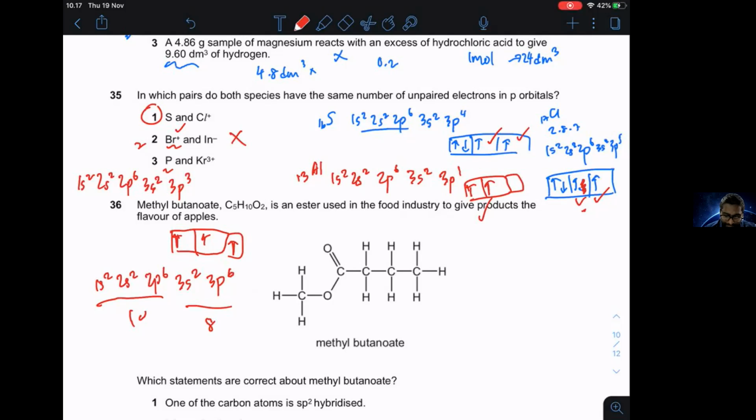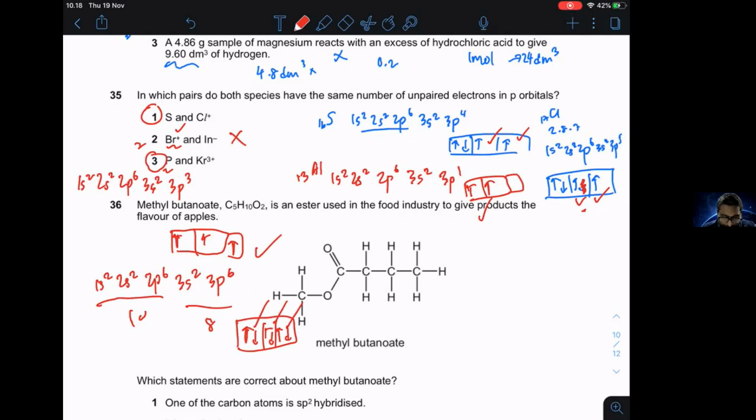If you remove 1, 2, 3 electrons from there, you will get something similar. The answer was A. This is correct. Number 3 is correct.